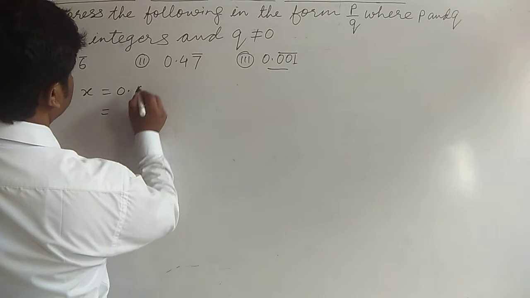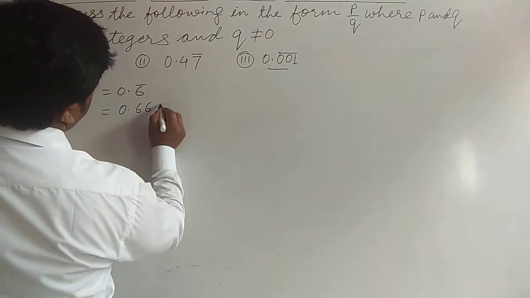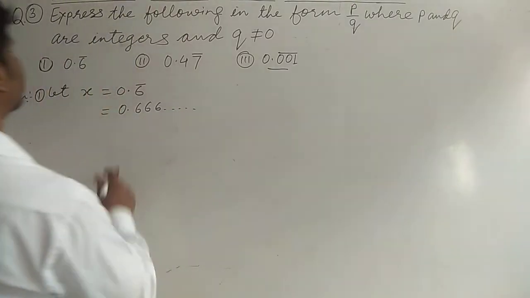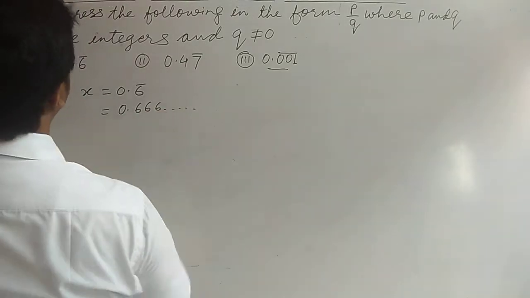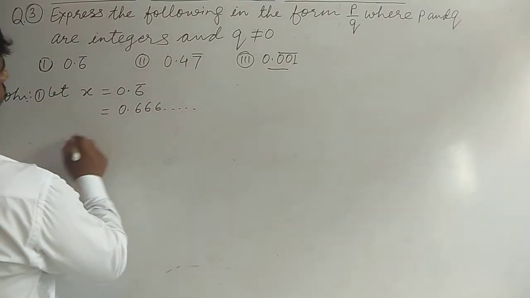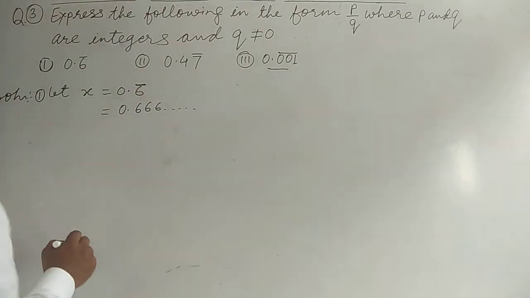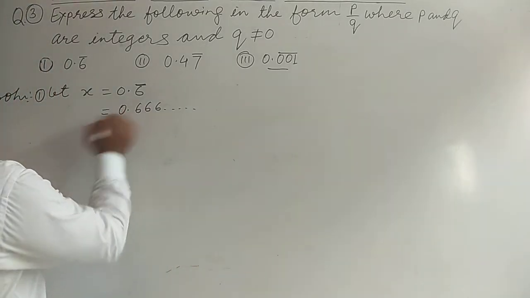This will be 0.666 and so on, means 6 is repeating. Then how many digits are there? In the repeating decimal, only one digit. Then what will we do? We will multiply by 10.